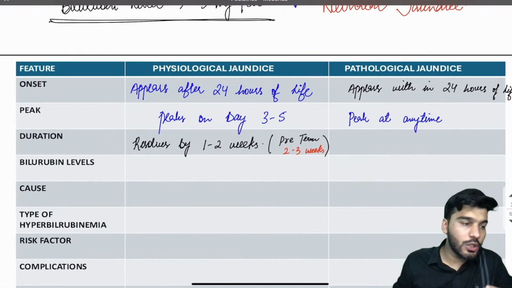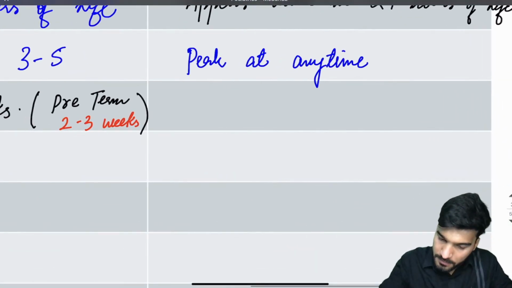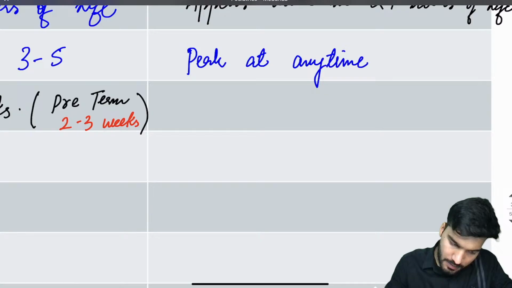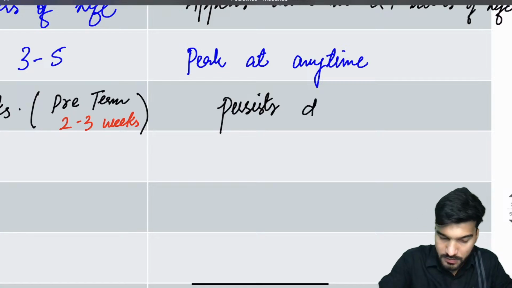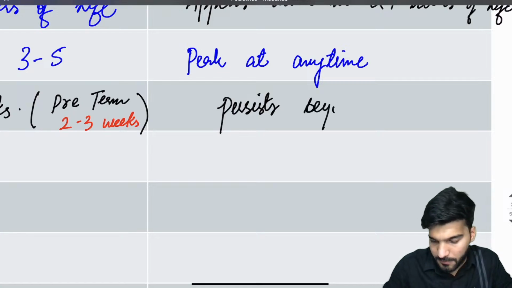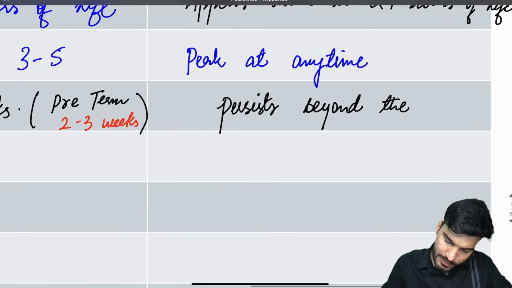If we talk about the duration of pathological jaundice, it persists beyond the normal time.